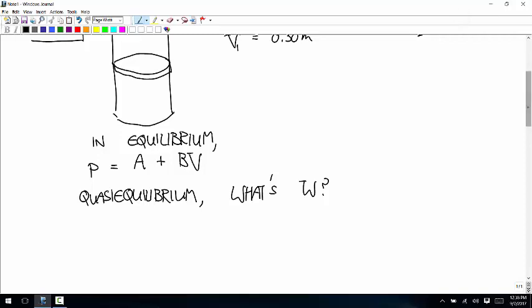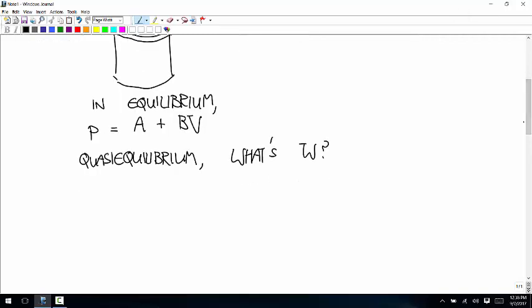Okay. So to calculate the work is equal to the integral of P dV from volume 1 to volume 2. And anytime you see this equation, what you should think is, okay, I need to find pressure as a function of volume.